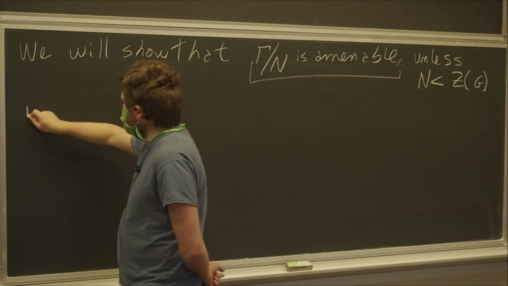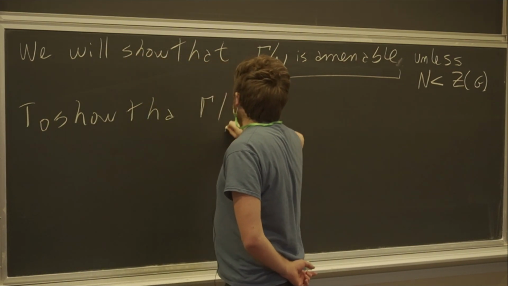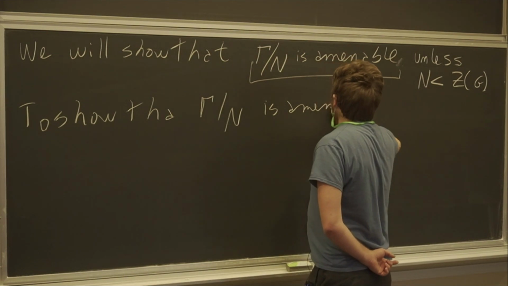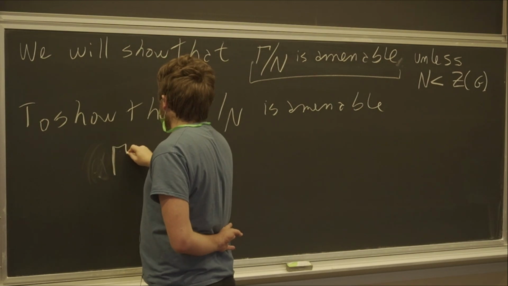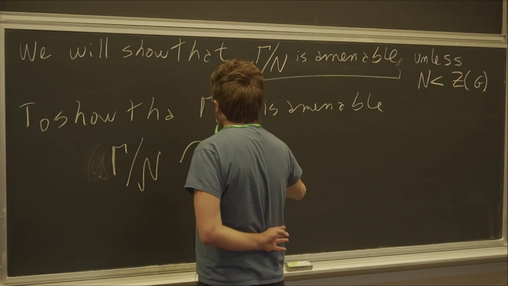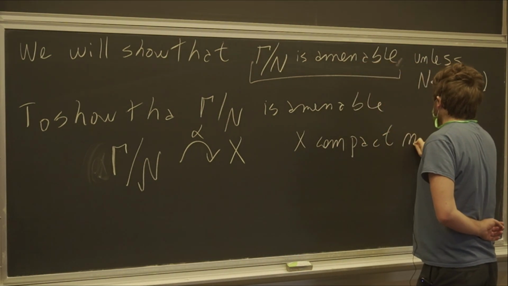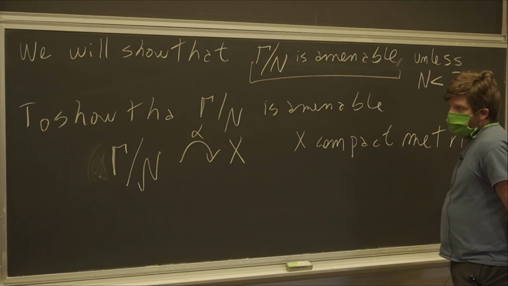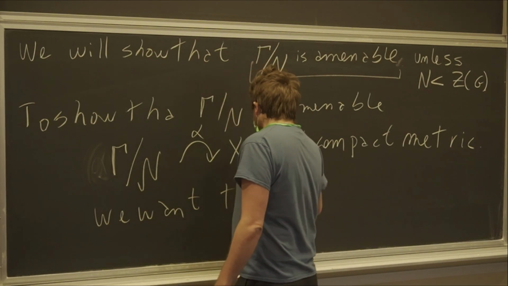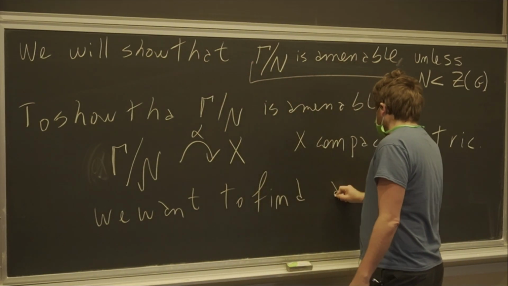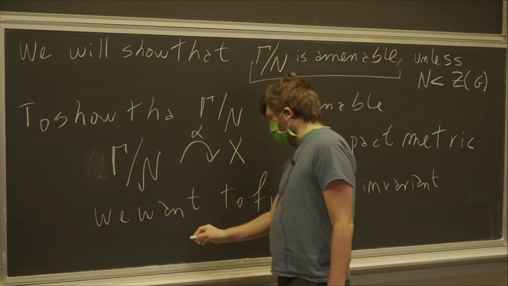To show that gamma mod N is amenable, we take some action from gamma mod N into some X compact metric, and we need to find an invariant probability measure.